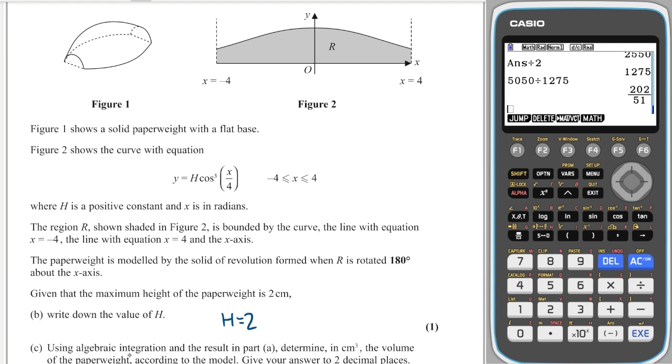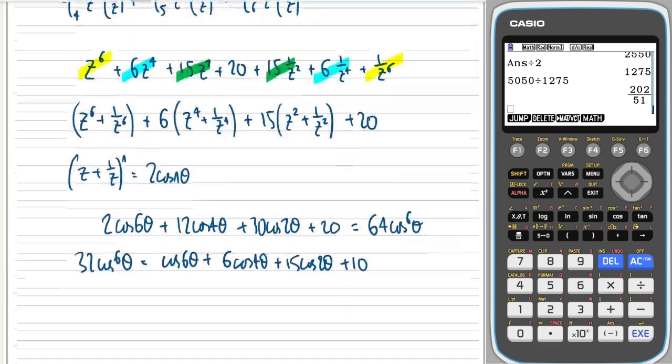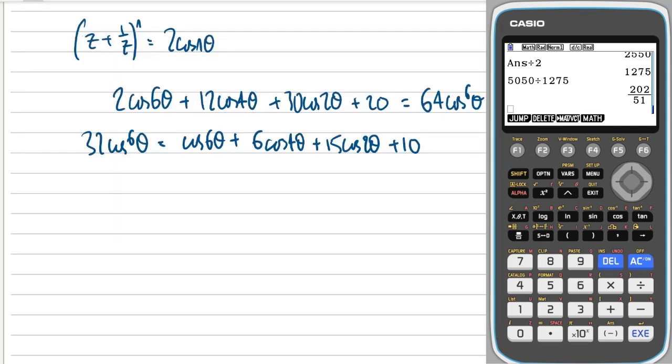And then it says use algebraic integration and the result in part A to determine the volume of the paperweight according to the model. Okay. So I need to find the volume, and the formula is pi the integral of y squared dx, but because I'm only rotating 180 degrees, then it's half of this.